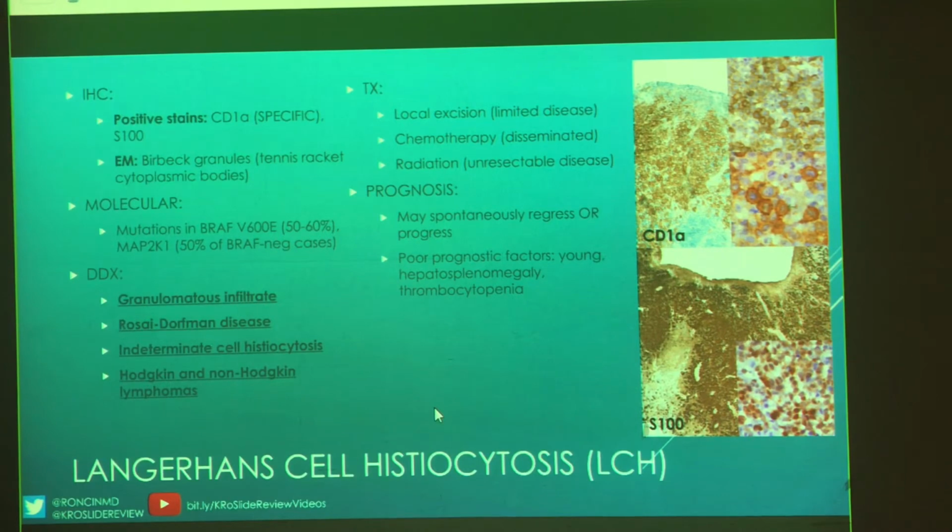If it's disseminated or widespread, they're going to do chemotherapy, and if they can't go in for surgery, then they will do radiation. These lesions can spontaneously regress or progress. So your poor prognostic factors with these cases are very young patients, unfortunately, if they develop hepatosplenomegaly or thrombocytopenia. So those are things to watch out for.